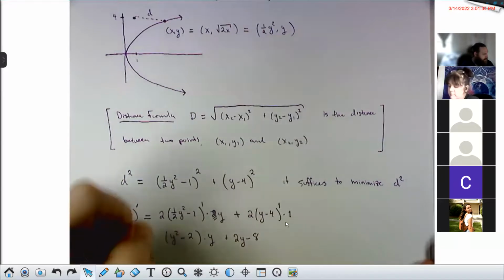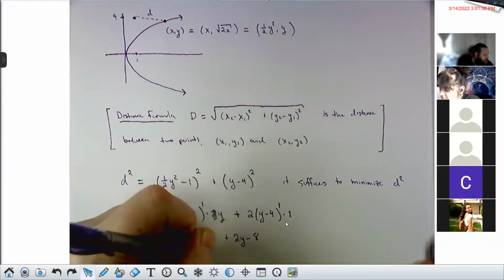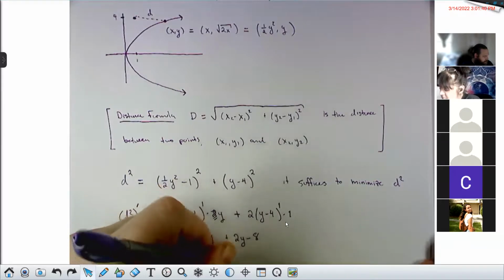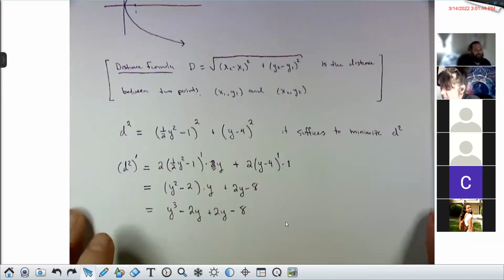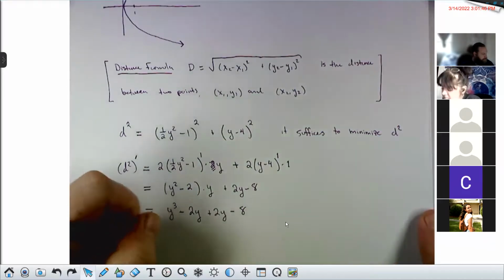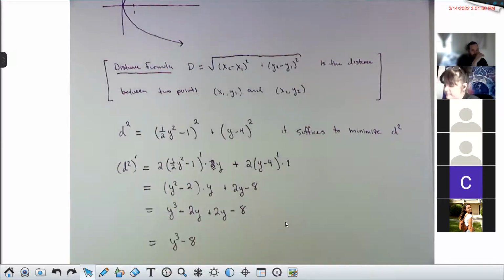So altogether, this is y cubed minus 2y plus 2y minus 8. And those middle terms cancel. So I get y cubed minus 8.